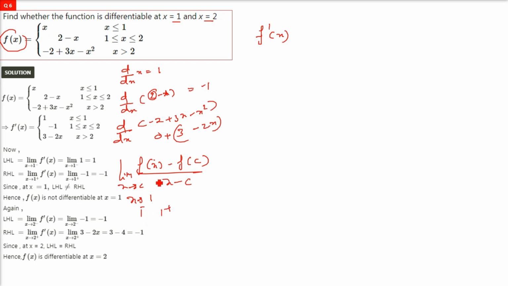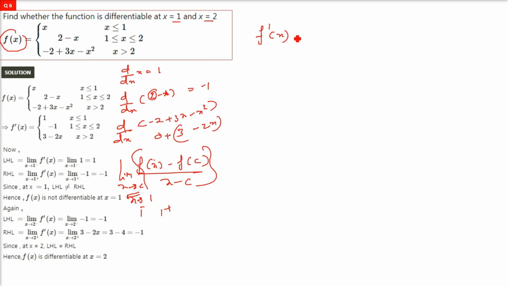And what are the partitions? These partitions, or you can say the intervals, are different. Let us write this f dash x because we have just made the differential out of it. But we have to check whether it is differentiable at x equals 1 or x equals 2.